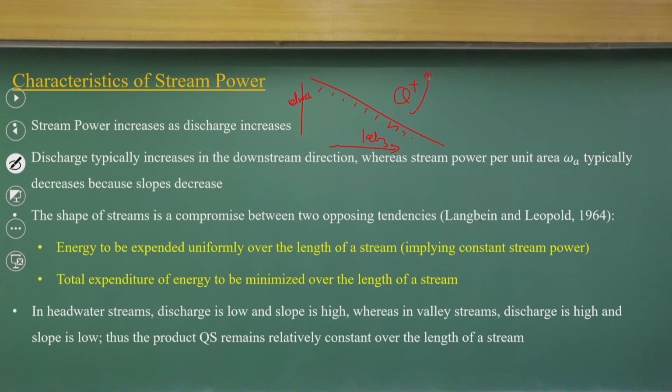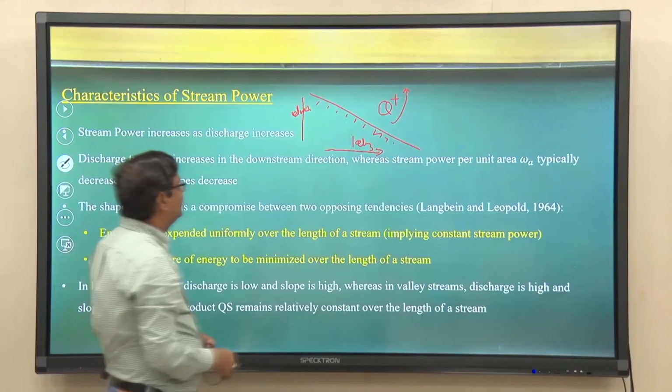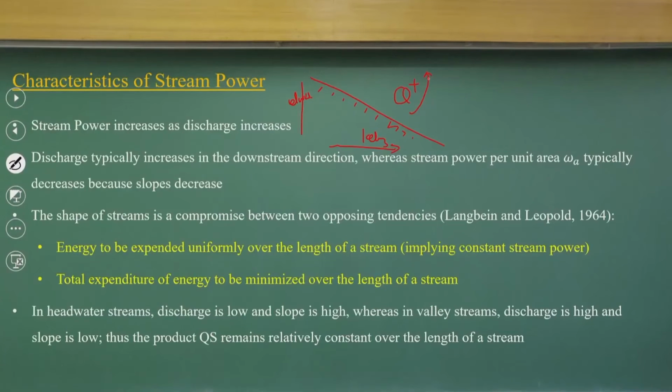In general, as you go downstream, you will have more increase of discharge. That also facilitates increasing the stream power, which means the energy dissipation is much more necessary as you go further downstream.